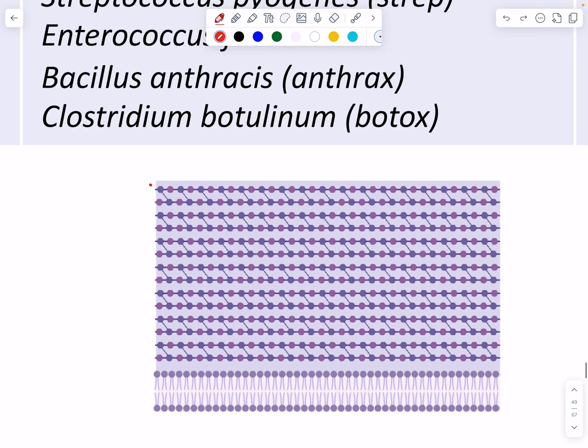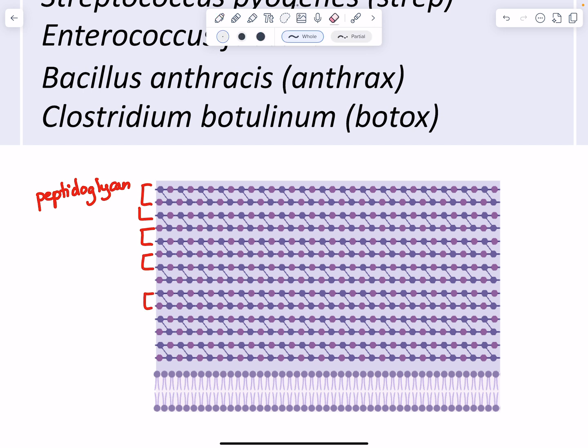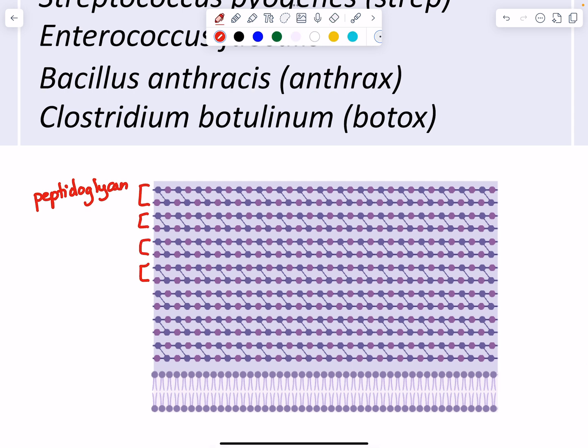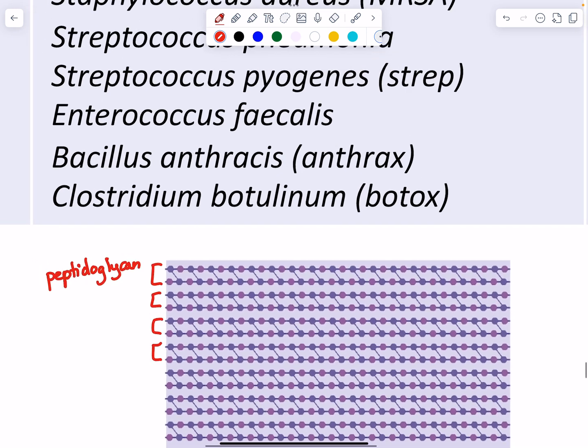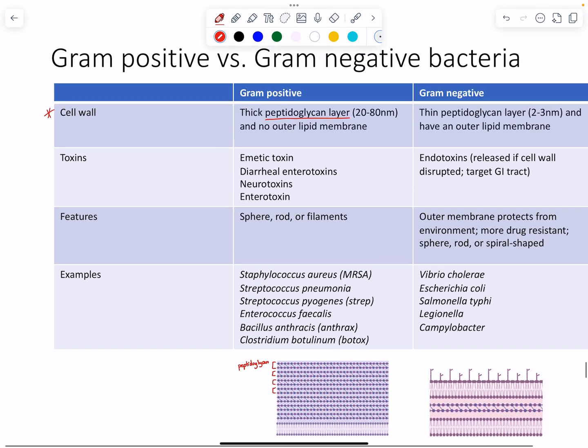Each one of these is a single peptidoglycan layer, so we've got layer upon layer of peptidoglycan here. That's what we would call a gram-positive cell.